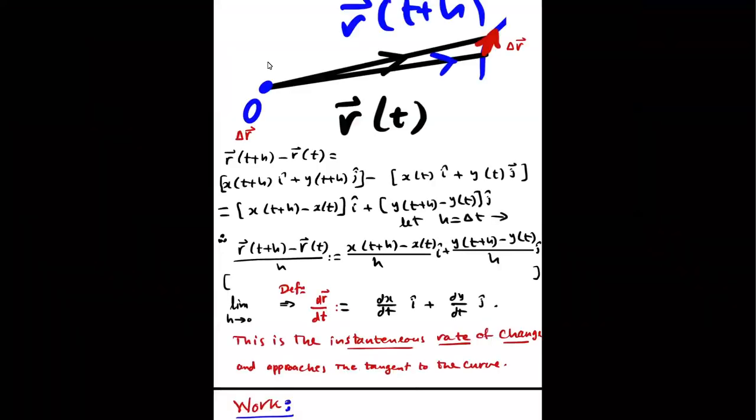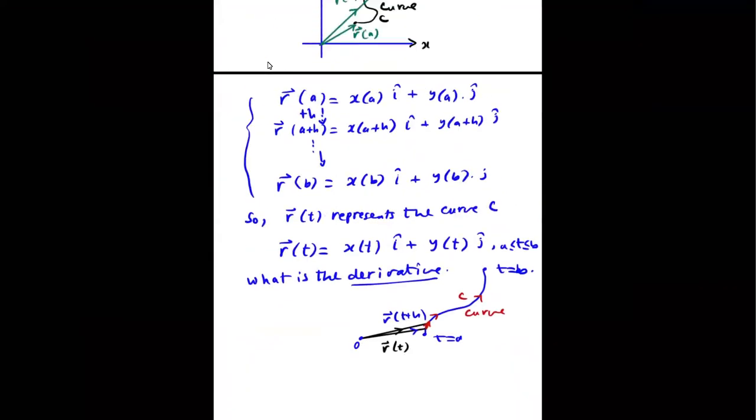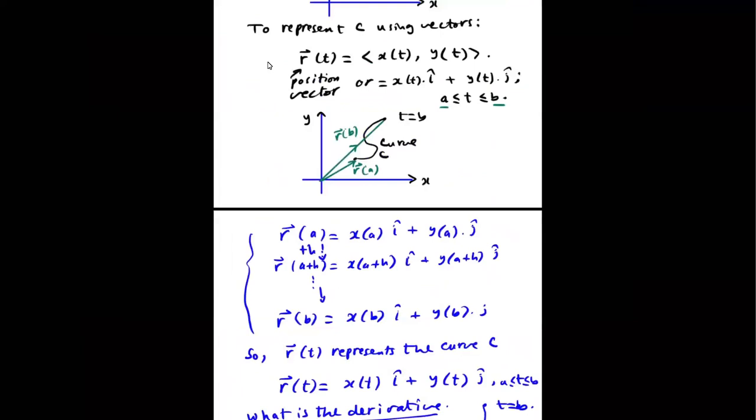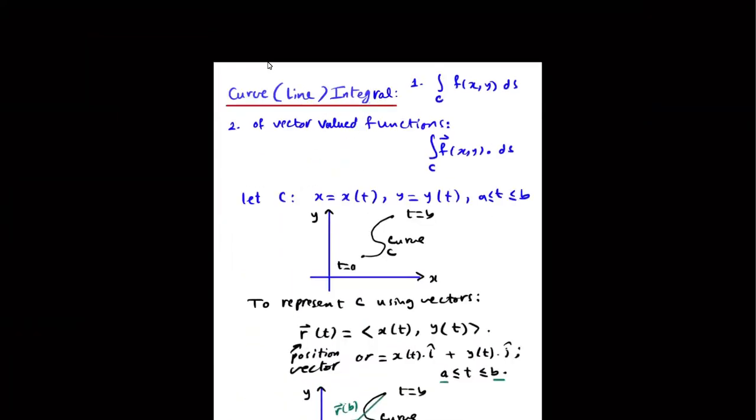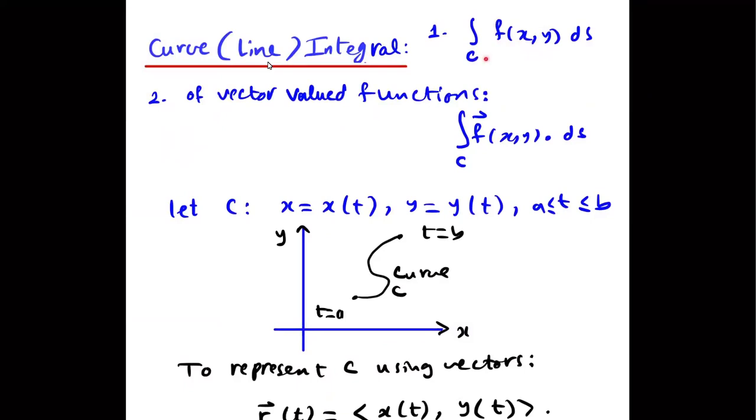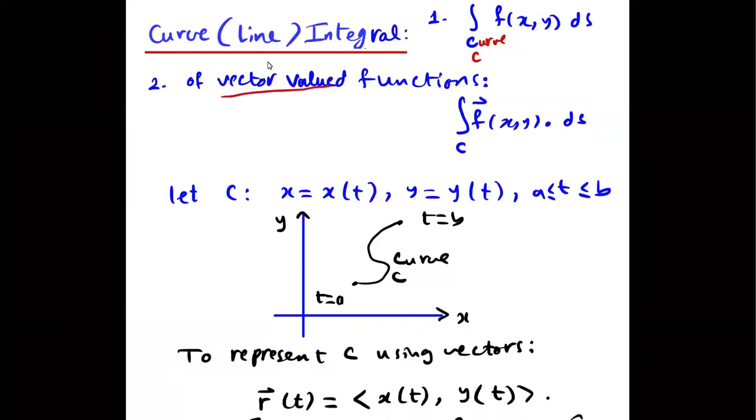The second part, when we have what? Line integral also. We studied this line integral over the curve C. C is a curve. But we have another situation where we have a vector valued function.